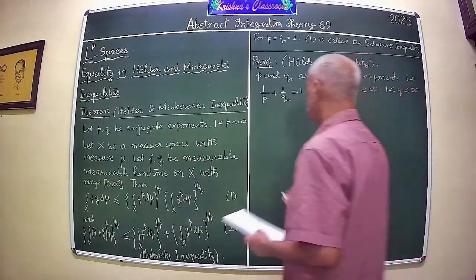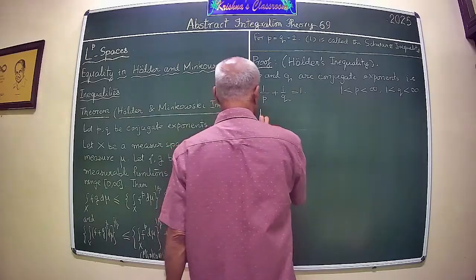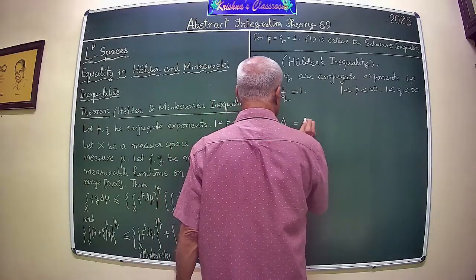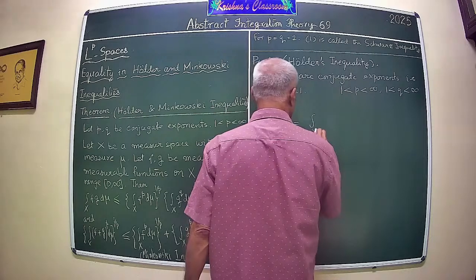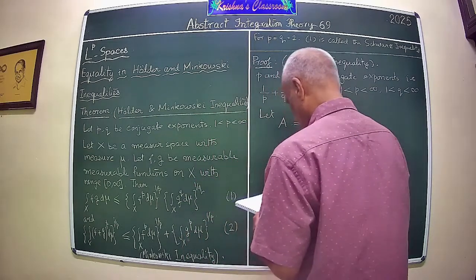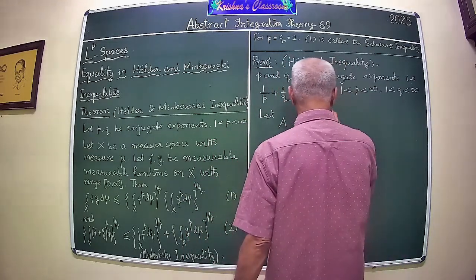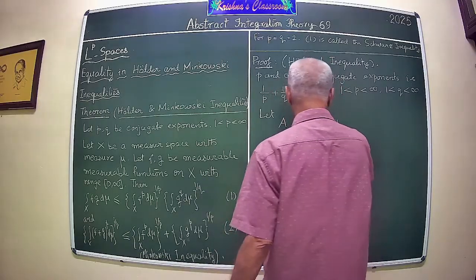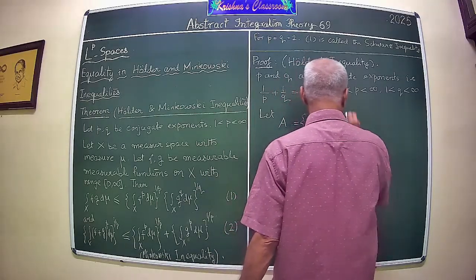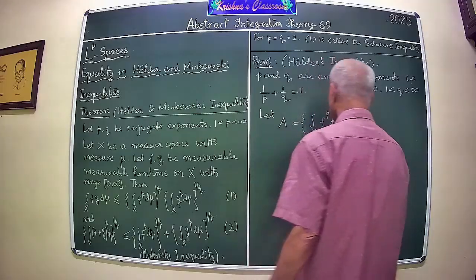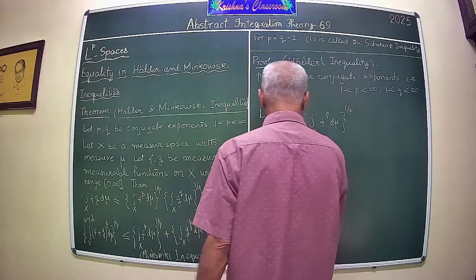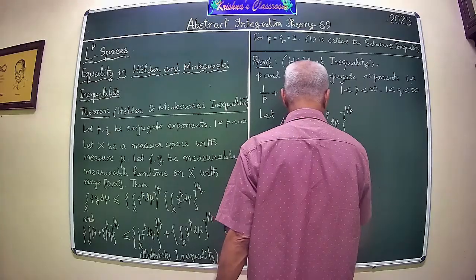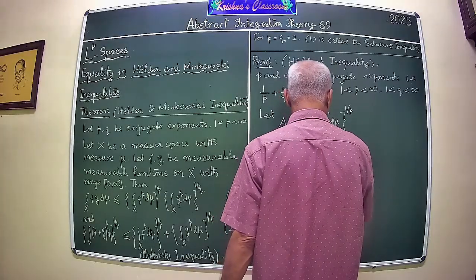Now let us use the following notation. Let A designate the integral over x of f to the power p, and B designate the integral of g to the power q.